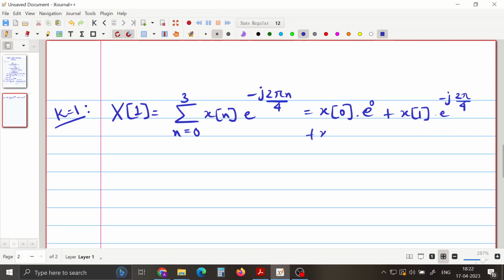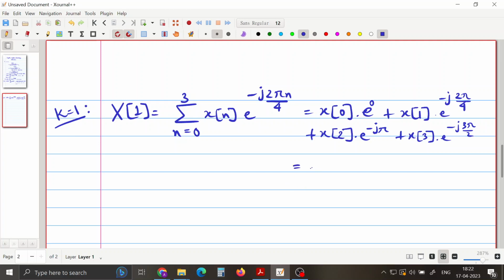Similarly for the third term you have n equals 2, so this will be minus j pi basically, and the last term would be minus j 3 pi by 2. You can check it.